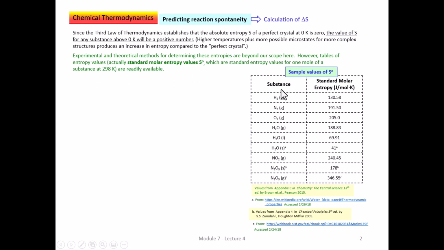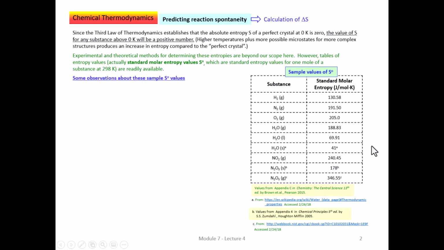What I've done here is I've constructed a table of substances noting what phase they're in, what state they're in, and their standard molar entropy values. Notice the units are joules per mole per K. A lot of these values are from the table that's available in the textbook that accompanies the course, but I did bring in other values that I needed for the examples we're going to cover.